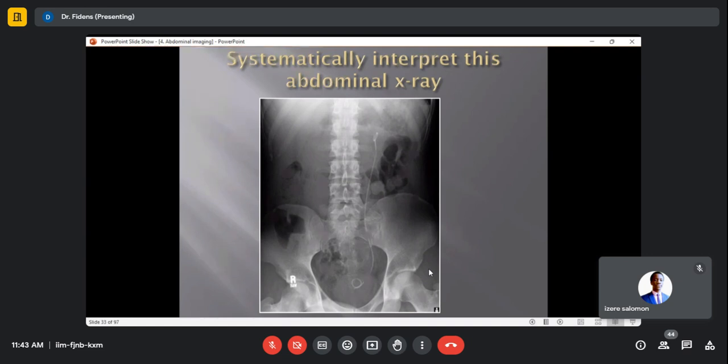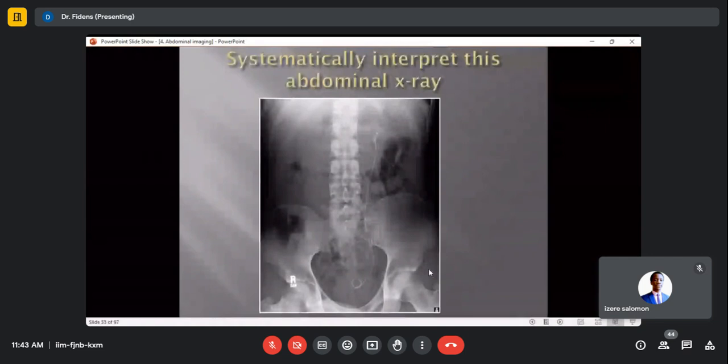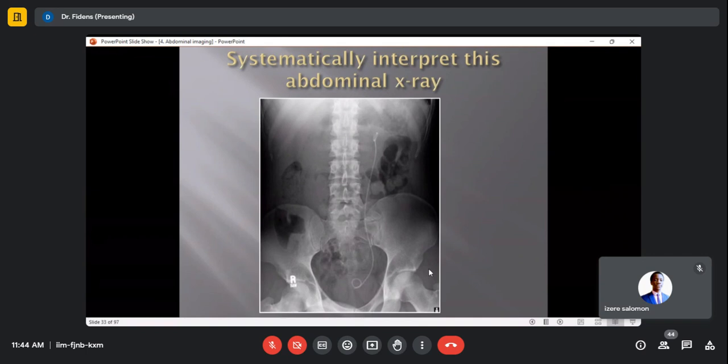It's clearly seen. I don't know if it's a problem of the illustration too. And I can see the transverse colon and the splenic flexure of the large intestine also seen. I don't know if it's normal, because for me I see that it's abnormal.